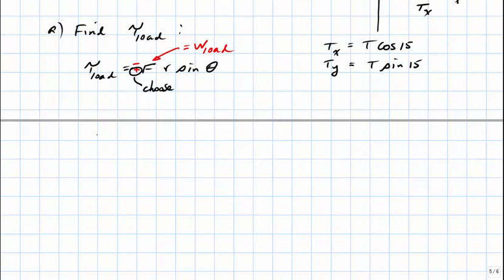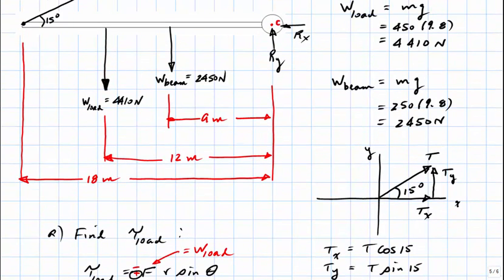And so the torque of the load simply equals positive weight of the load times the moment arm times the sine of the angle between the weight, in this case, and the moment arm. Now, the weight of the load from our free body diagram equals 4410.